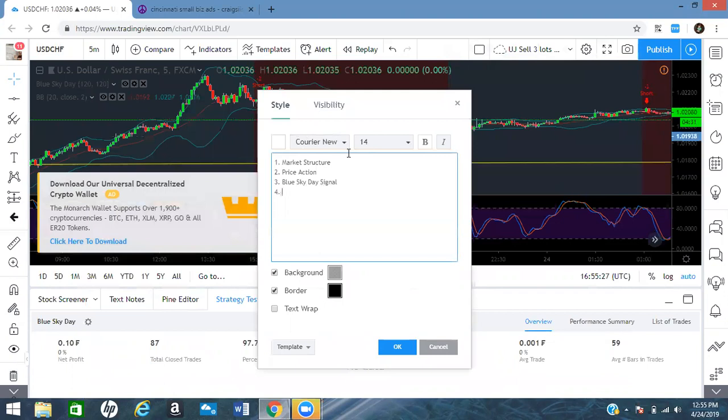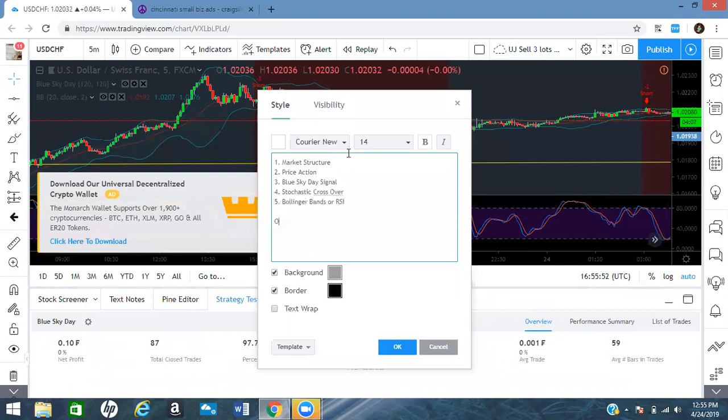Number four is going to be our stochastic crossover. And number five could be Bollinger Bands, okay, or RSI, whichever one you want to use. Now, you don't need all five. I definitely would go with four, though. I would definitely have all four to confirm your trade setup.